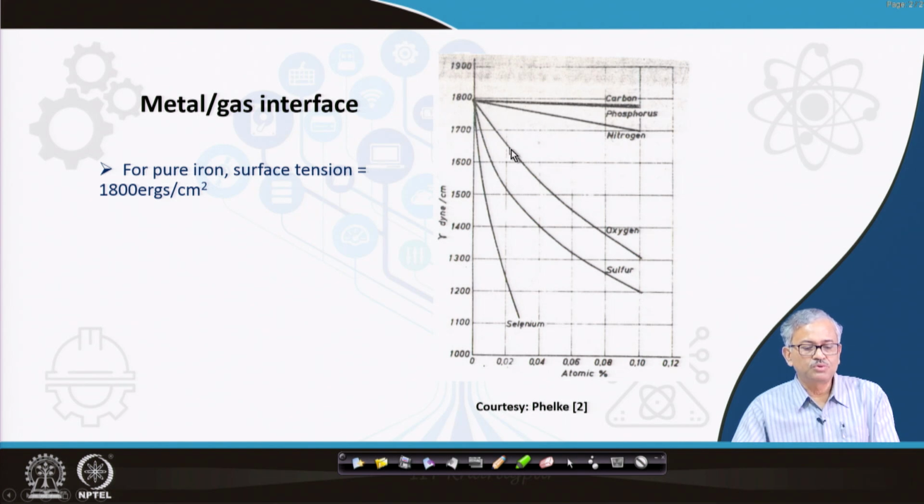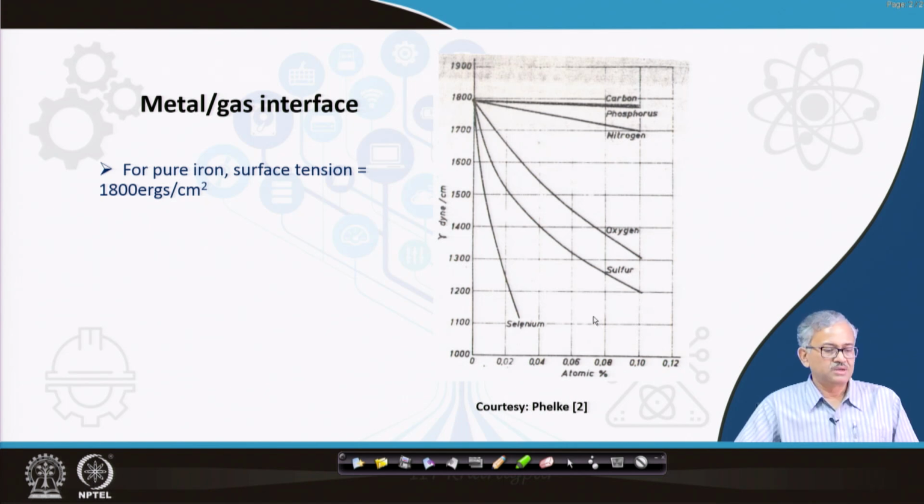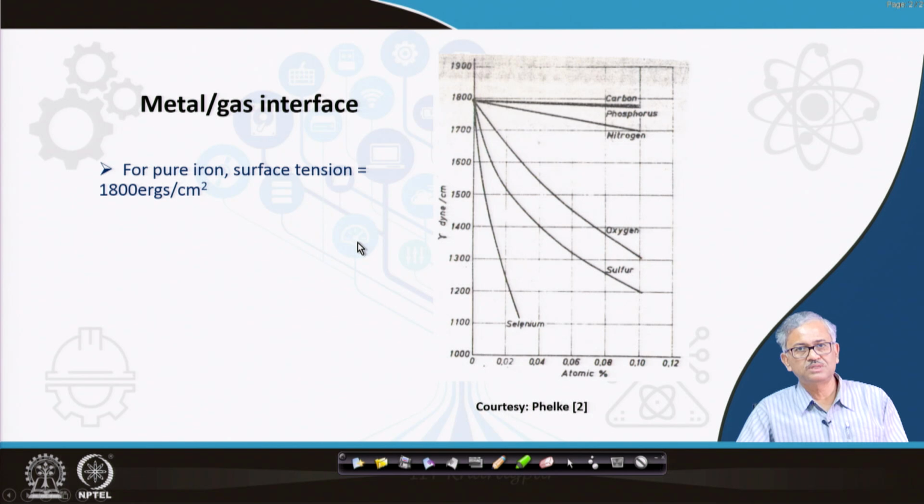With oxygen also it comes to around 1300 at 0.1 weight percent. So you can significantly decrease, but still the value is high; 1800 to 600 ergs per centimeter square you can reduce, but that is not very significant.